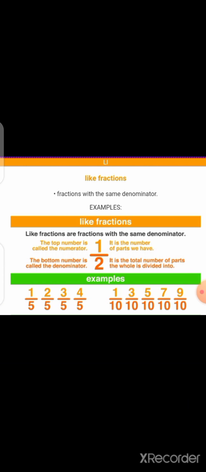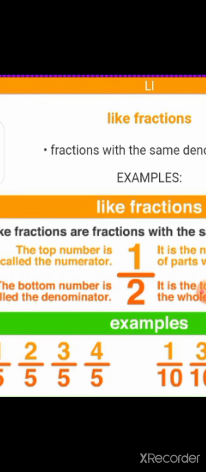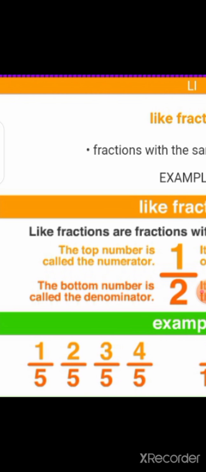Next is like fractions. Fractions with the same denominator. Examples of like fractions: when you have the same denominator, that is called like fractions. In the example, 1 over 5, 2 over 5, 3 over 5, 4 over 5.